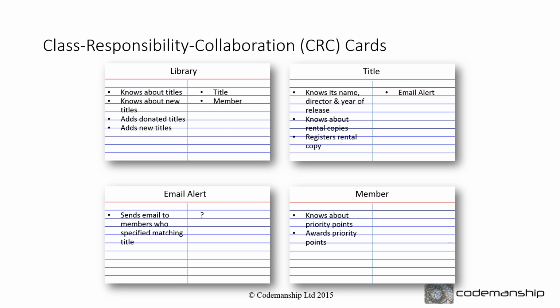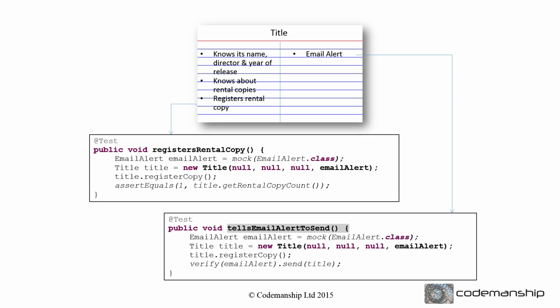Now, to wire a design together end to end, we can mix and match 2 styles of unit testing. So if we're testing responsibilities, that is, if we're testing that objects do the work that they're supposed to do, we can rely on the traditional style of unit testing where we make assertions about what should be true, make assertions about the effect, if you like, of a particular action on an object's state. And you're probably very familiar with that style of testing.